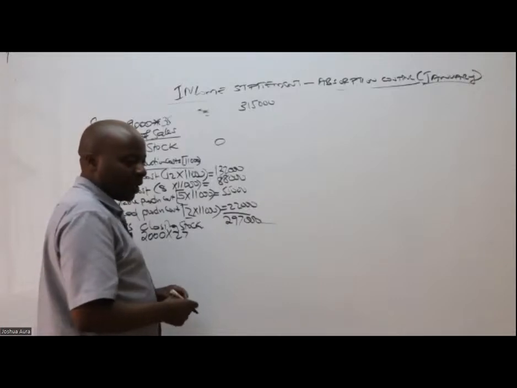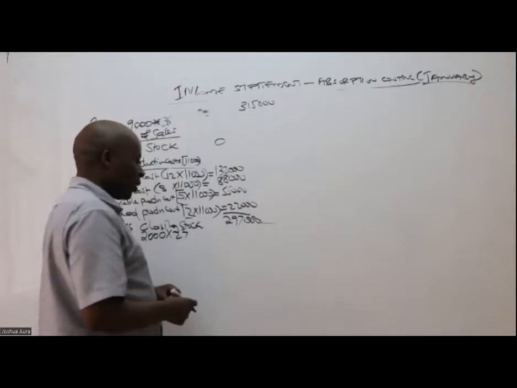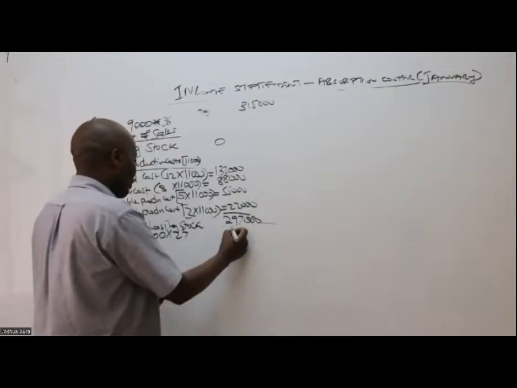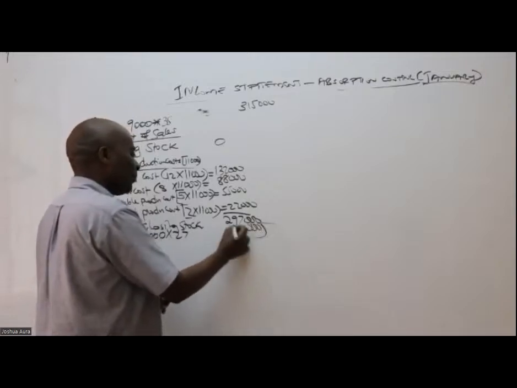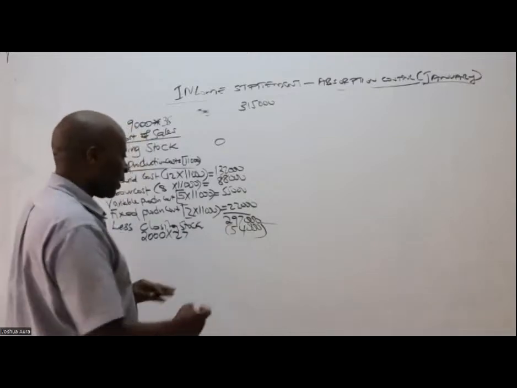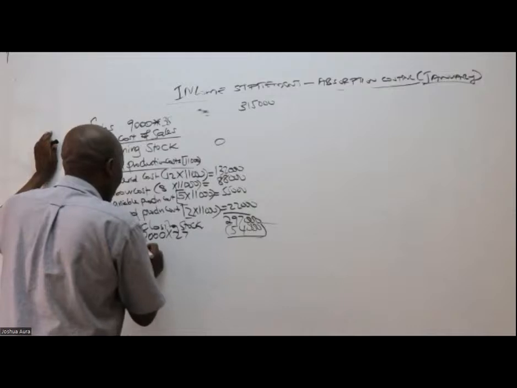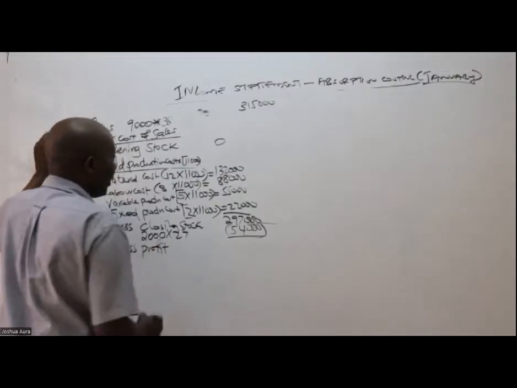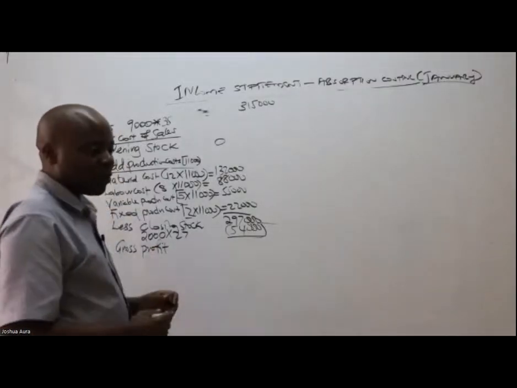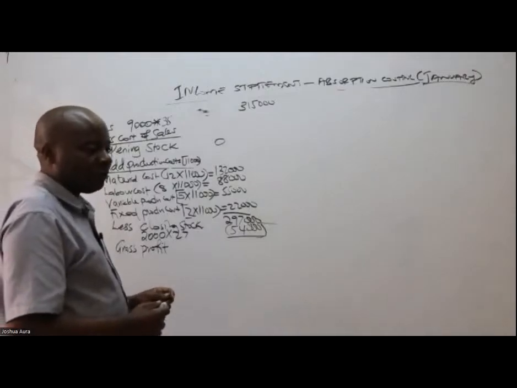I'm really depending on you for correct figures. Is there somebody who is able to see 54,000? Thank you so much. So please subtract here to give us what we call the gross profit.